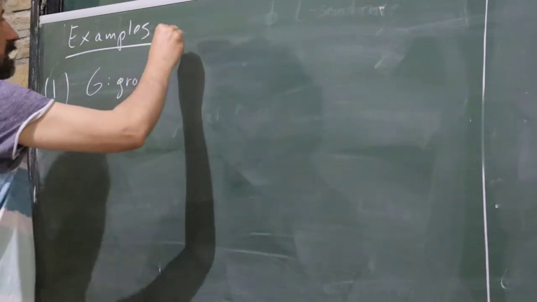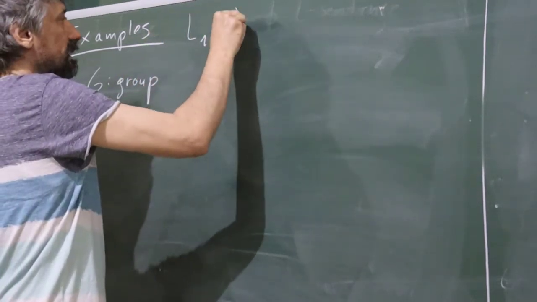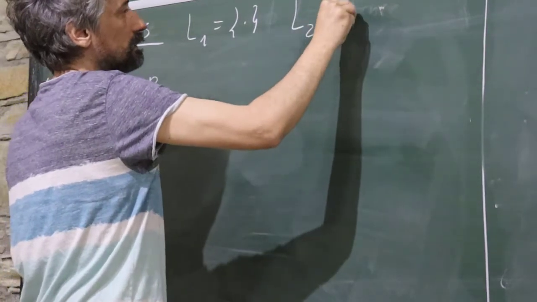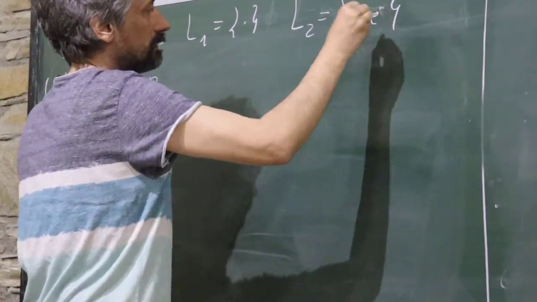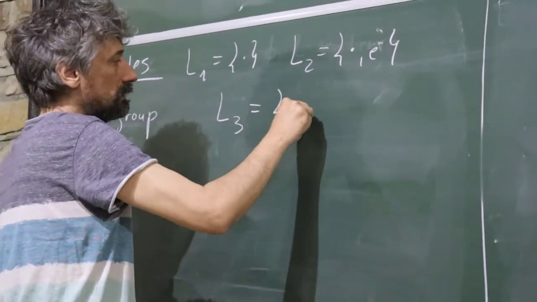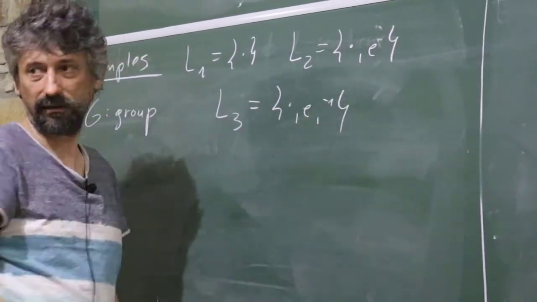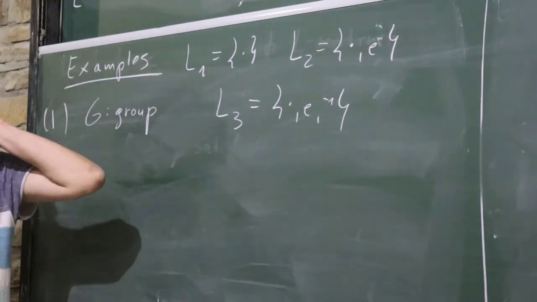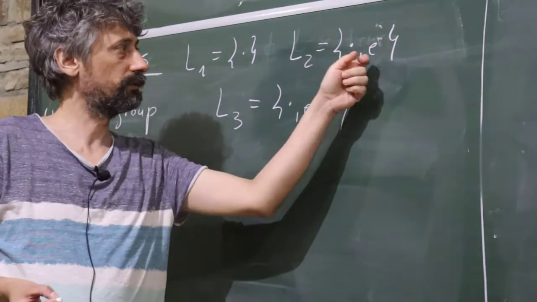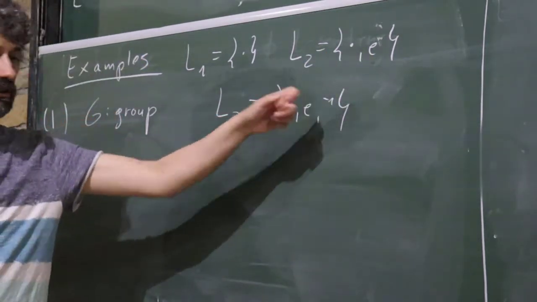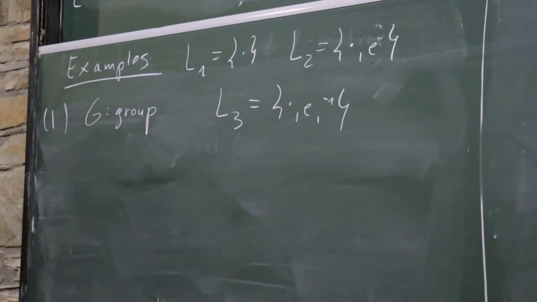G a group, let L1 be this. Okay, so this is just a binary function for multiplication. This is also a language with a constant for the neutral element. And this also has a unary function for inverse.